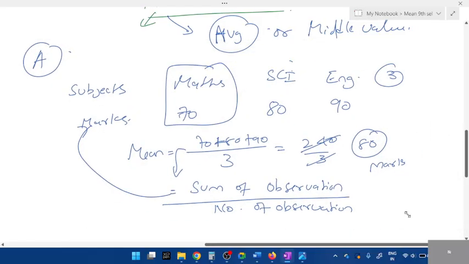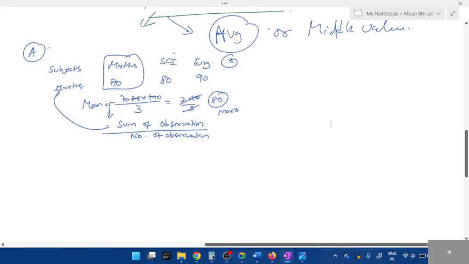Mean is basically just the average value, students. See, make a note of the formula. This is the mean formula: sum of observation divided by number of observation. Just write the formula, that is enough.